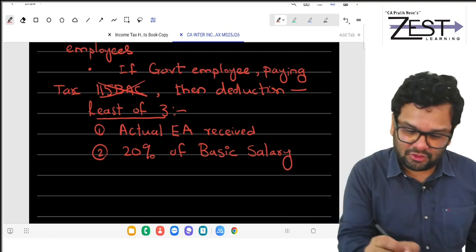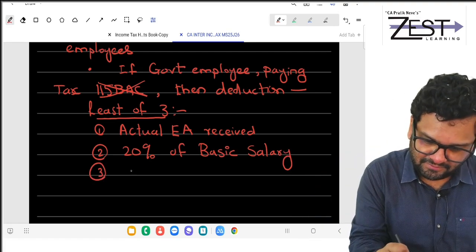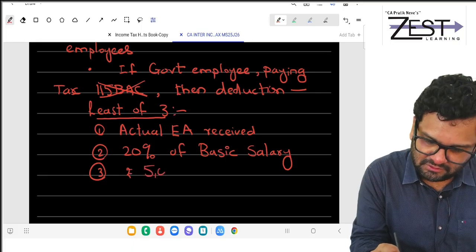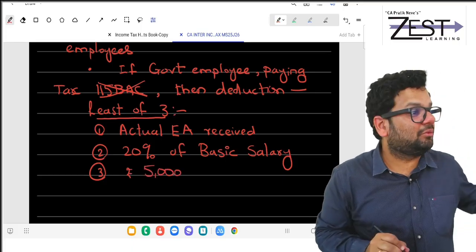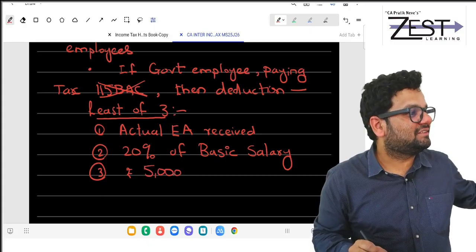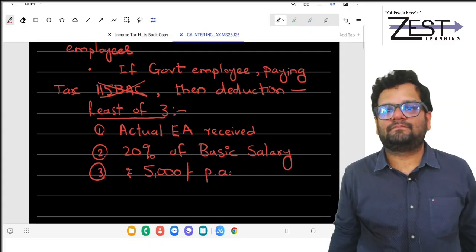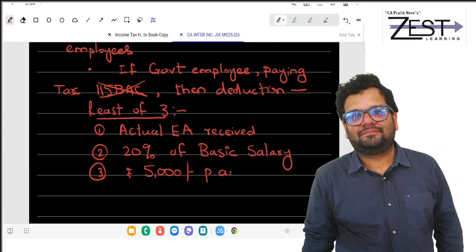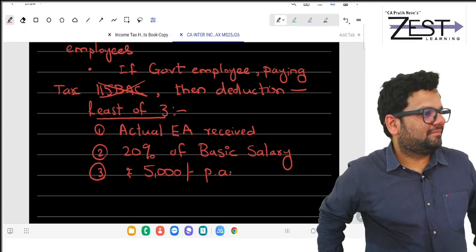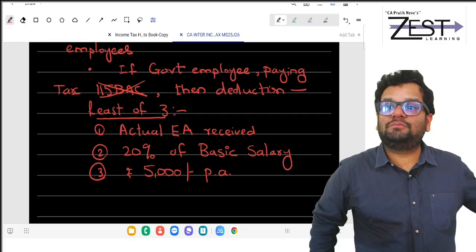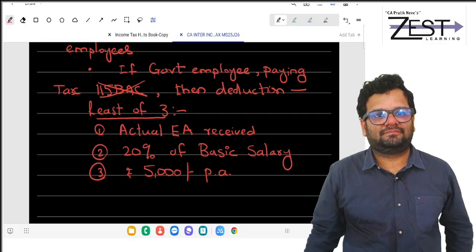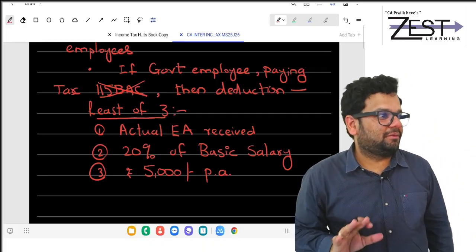And third is most dangerous. See how much. So let's figure 5,000 per annum. Mind you, 5,000 per annum. That is the problem.